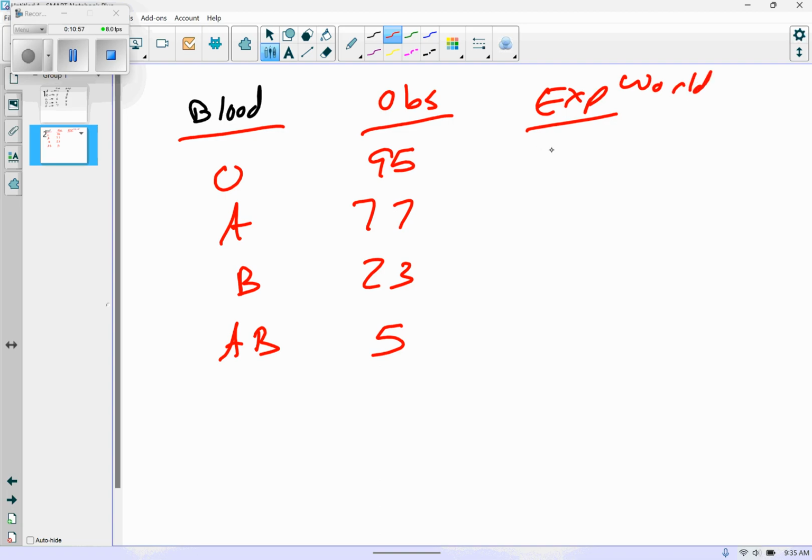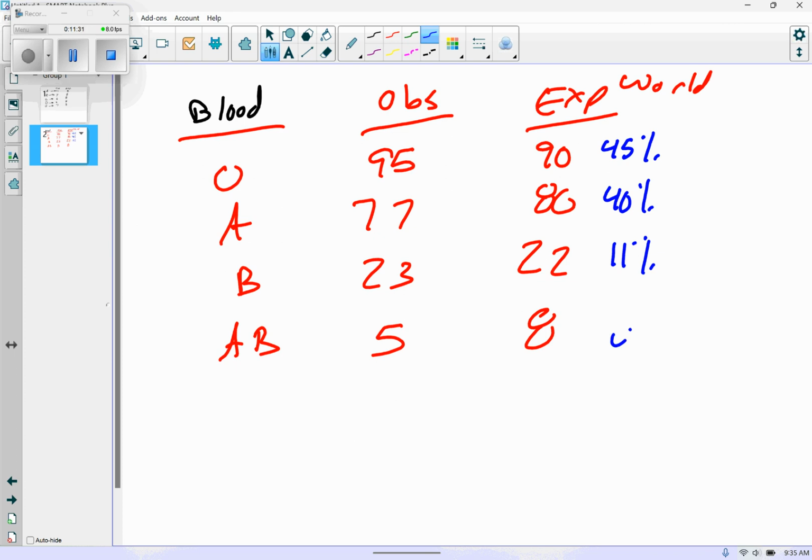The expected was 90, 80, 22, and 8. Okay, so if this is true, they were saying that this would have been 45%. This would have been 40% as far as the world distribution goes, 11% and 4%.